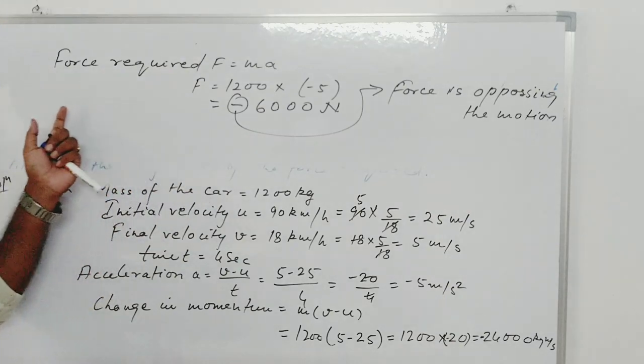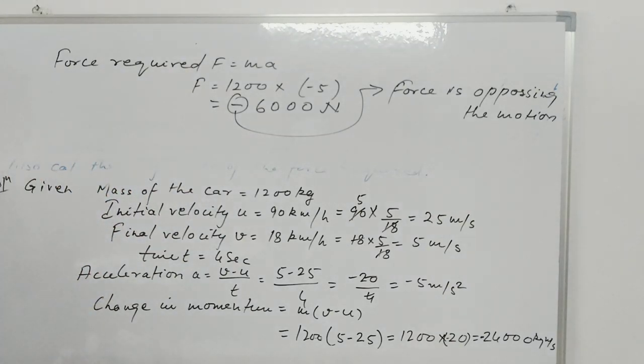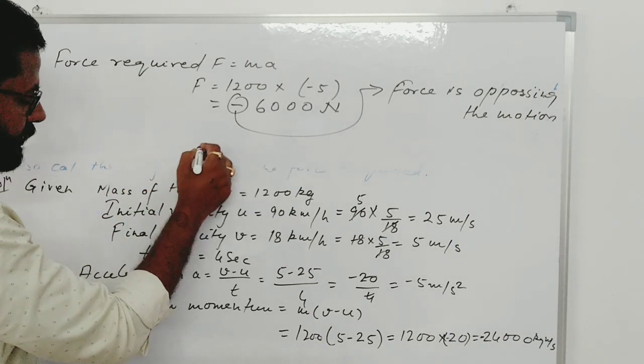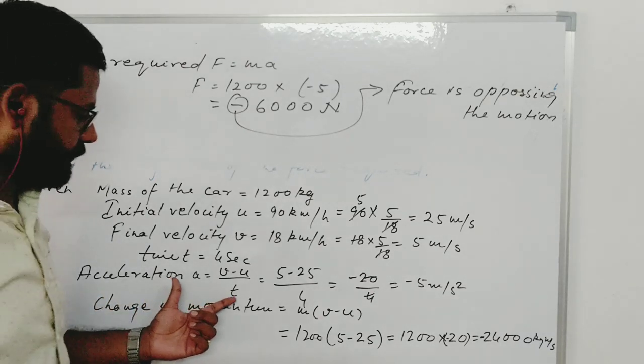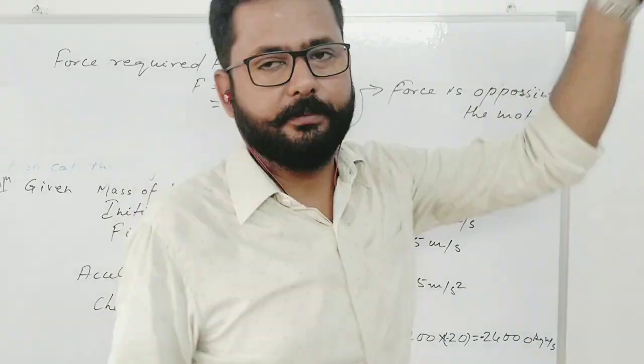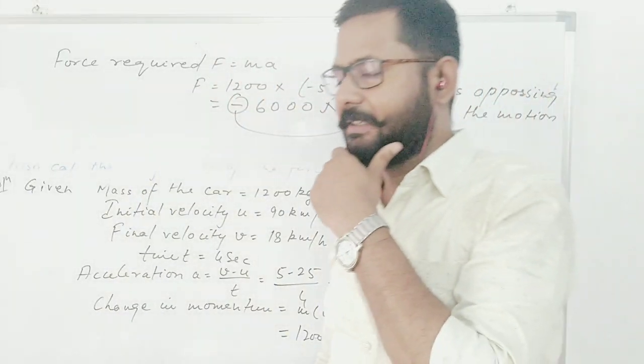So the magnitude of the force is 6,000 Newton, the change in momentum is minus 24,000 kg meter per second, and the acceleration is minus 5 meter per second square.